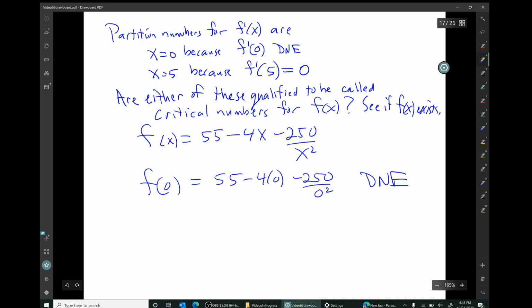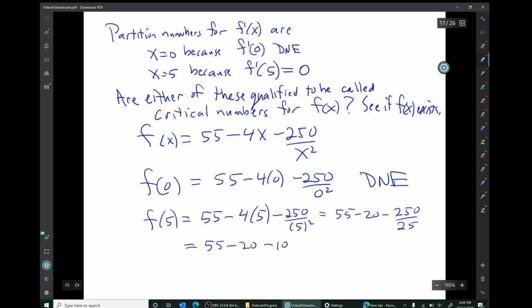We see that f of 0 does not exist because you can't divide by 0. What about f of 5? So f of 5 exists. So that means that x equals 5 is in the domain of f of x. So x equals 5 is the only critical number for f of x.